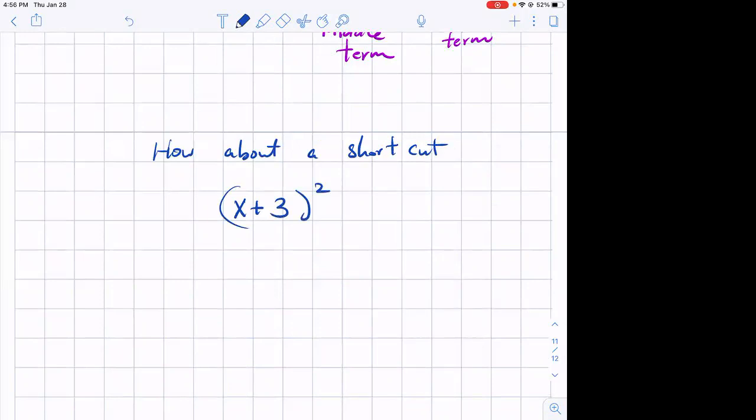Now we know when we multiply this, we're going to have 3 terms. So let's say the first term goes here, the second term goes here, and the third term goes there.